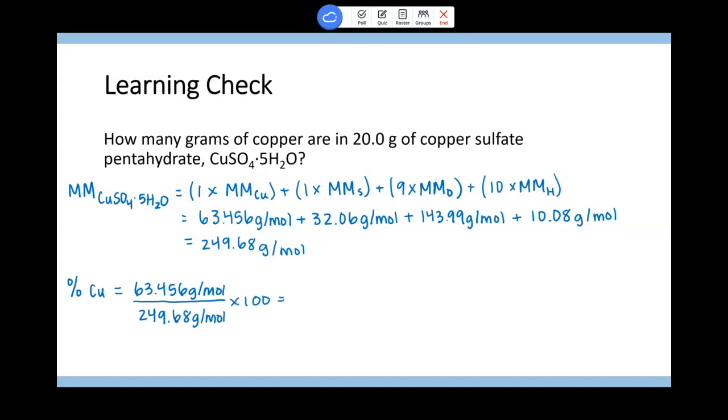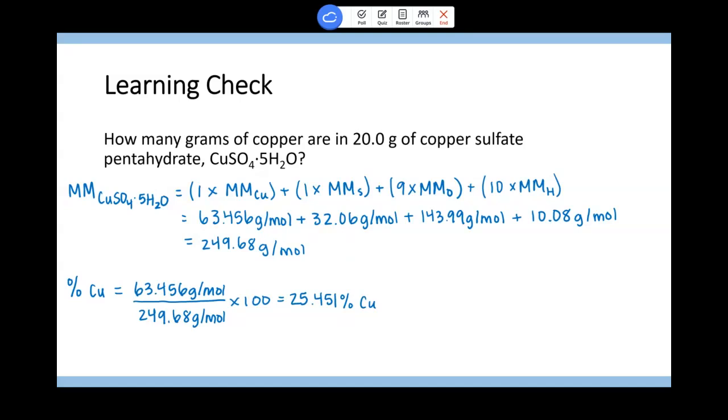And then times 100, and this is 25.451% copper. So this is the percent of copper by mass in every copper sulfate pentahydrate compound. It's always 25.451%.